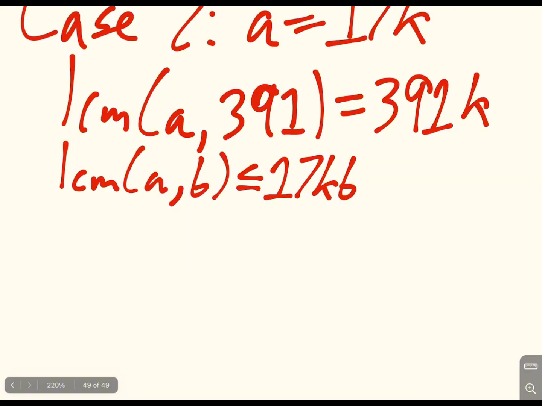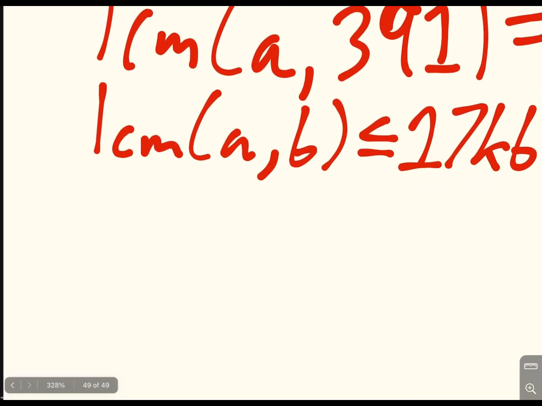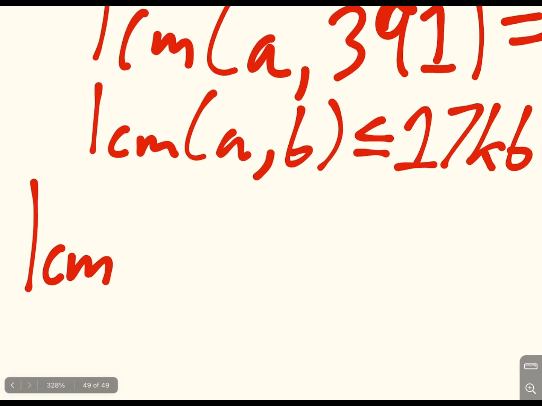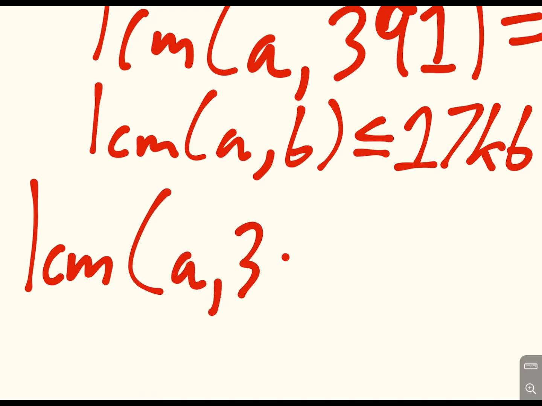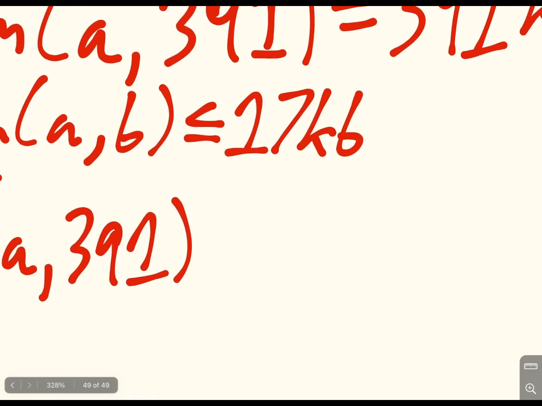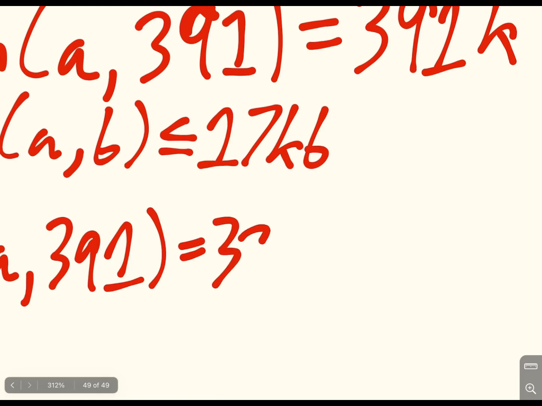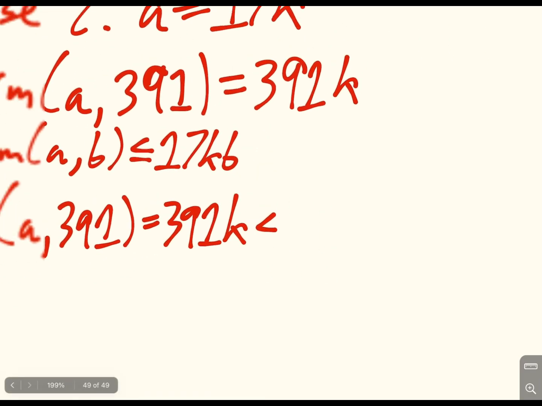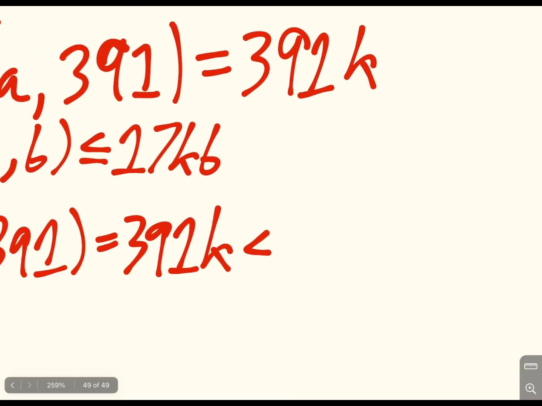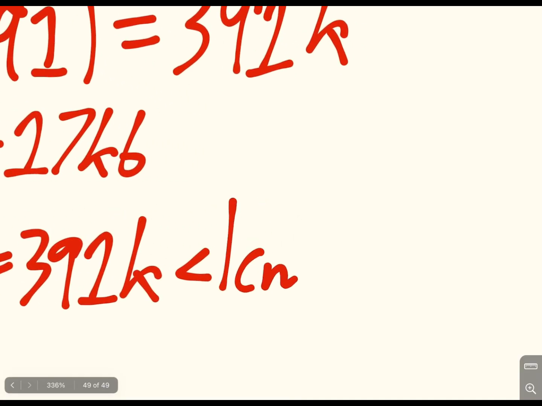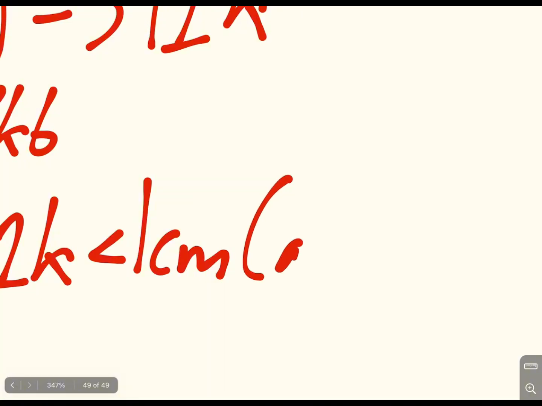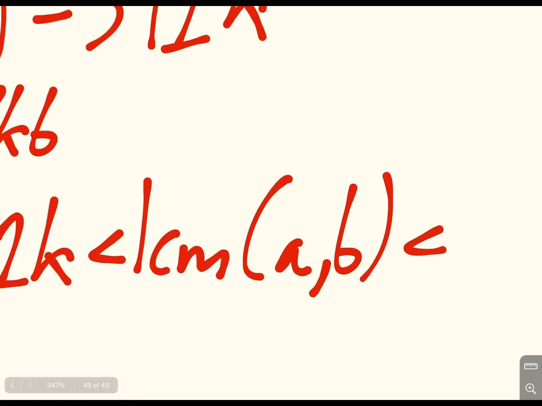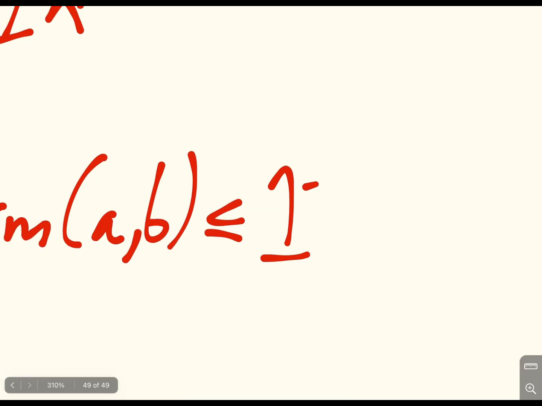And then we can construct the inequality, which is that the least common multiple of a and 391, which is 391k, has to be strictly less than the least common multiple of a and b, which is at most 17 times k times b.